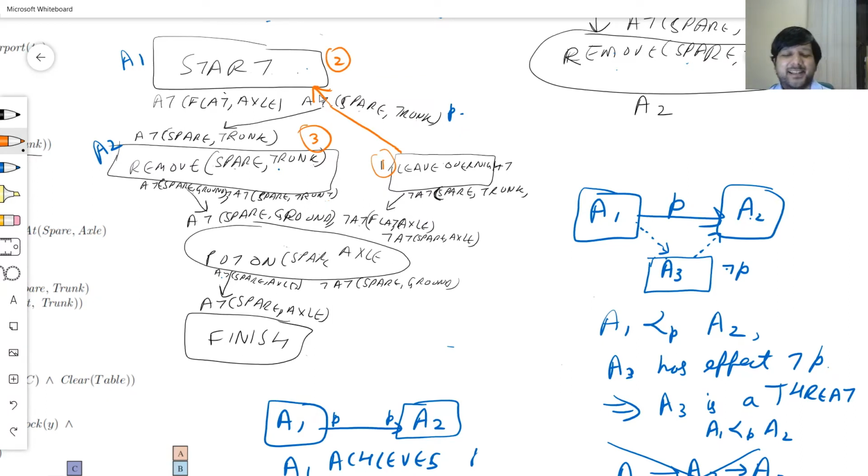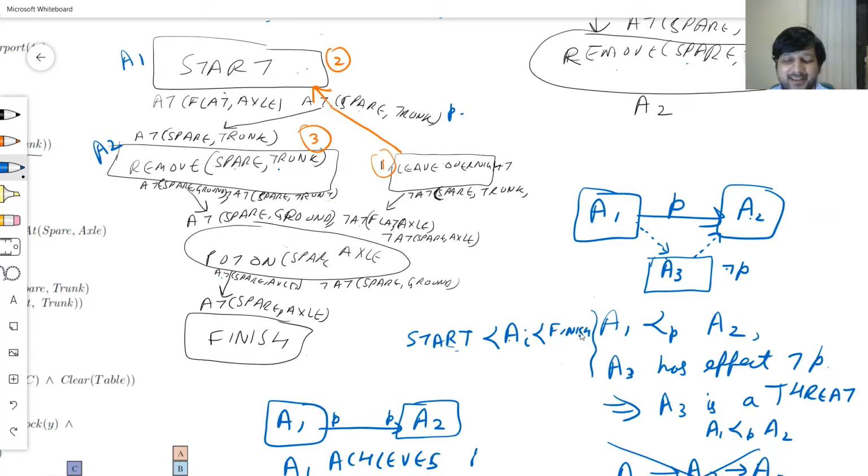Now the problem is nothing can be before start. Absolutely nothing on earth can be before start. Start is the first thing to happen. This is said by saying, even though I do not draw it up, start is before every action AI and finish is after every action AI.